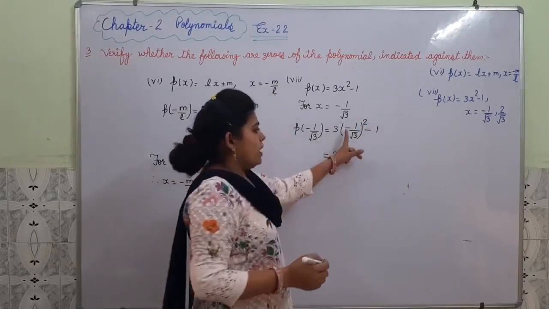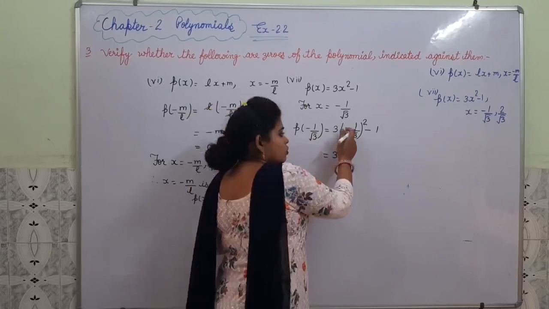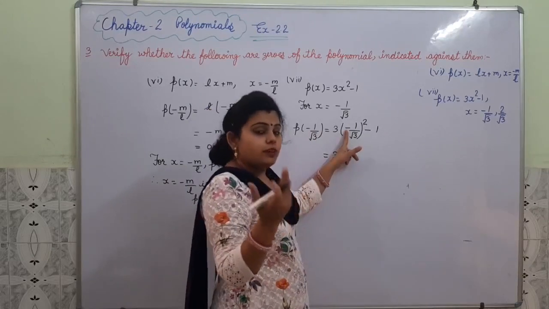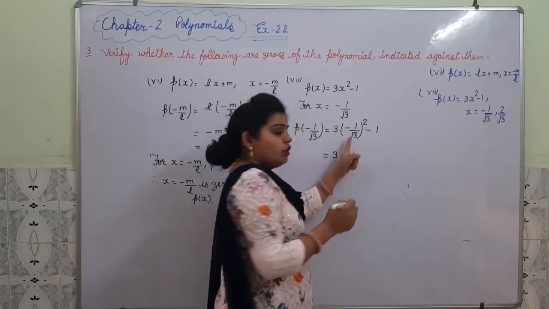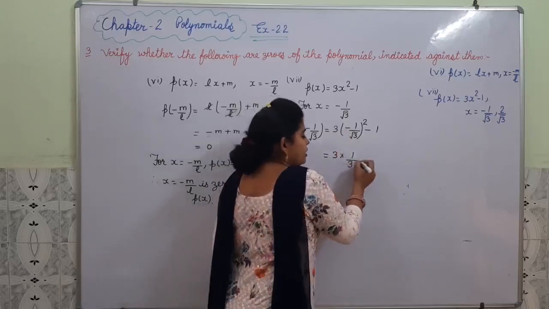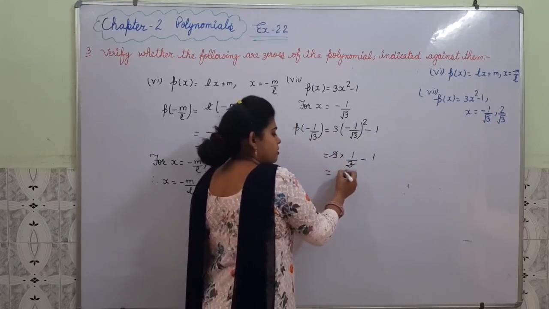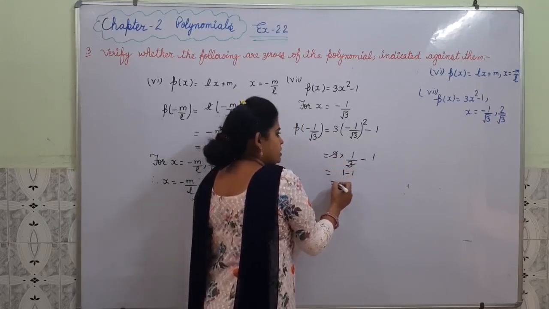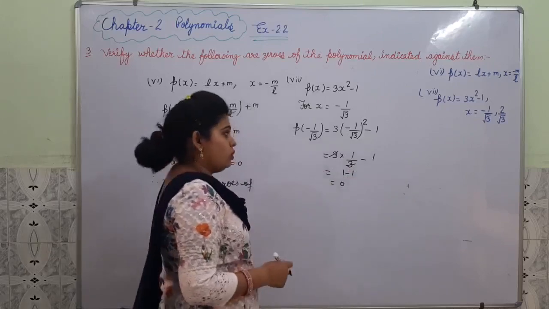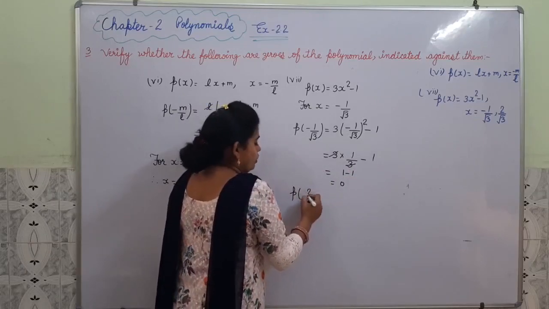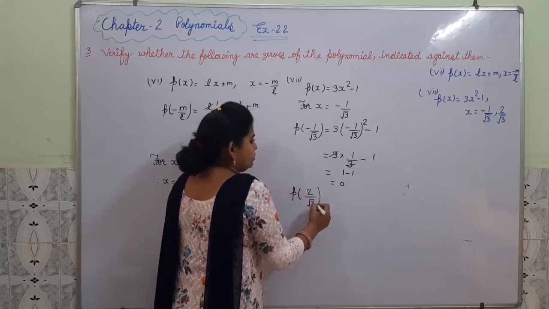Now square of minus is plus, square of minus 1 is plus 1, and square of root 3 is 3, minus 1. 3 cancel each other. 1 minus 1 means it is equal to 0. Now we will check for P of 2 by root 3.